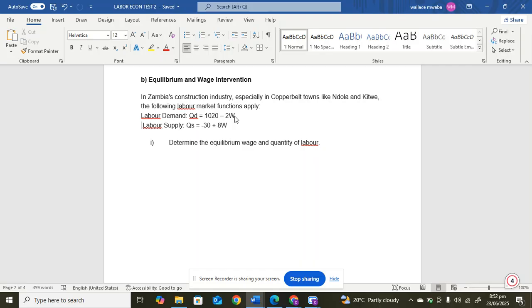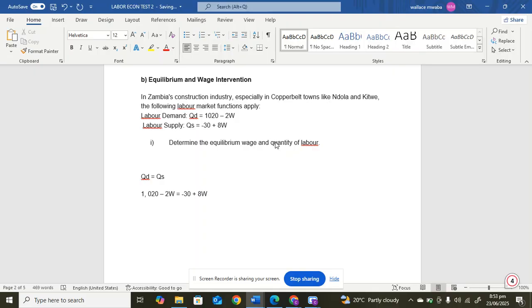Okay. So here we need to determine the equilibrium wage and the quantity of labor. Here you just equate the labor demand function and the labor supply function. So here 1020 minus 2W equals negative 30 plus 8W.